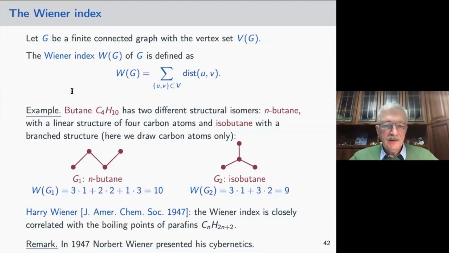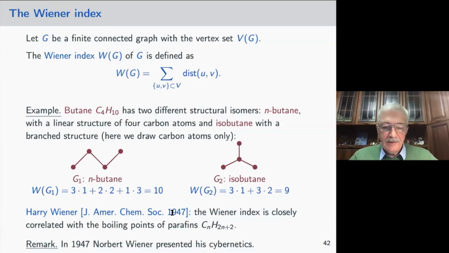Wiener observed that if you calculate the Wiener index, you consider all pairs of vertices and calculate distances. Here you have the Wiener index equal to 10: 3 pairs of vertices with distance 1, 2 pairs with distance 2, and 1 pair with distance 3. You just see it from this picture. And for isobutane, the Wiener index is equal to 9. So this parameter distinguishes the 2 graphs very easily.